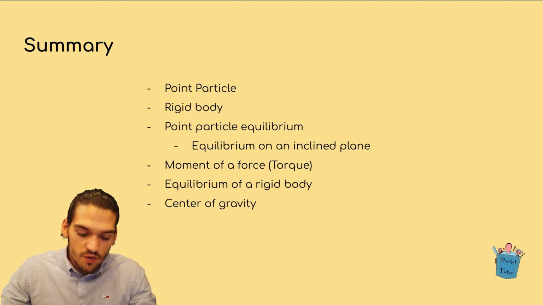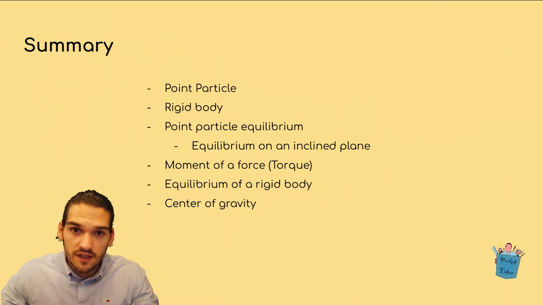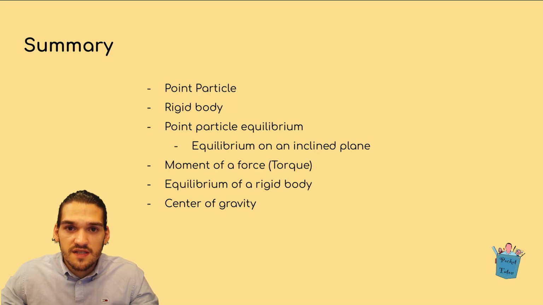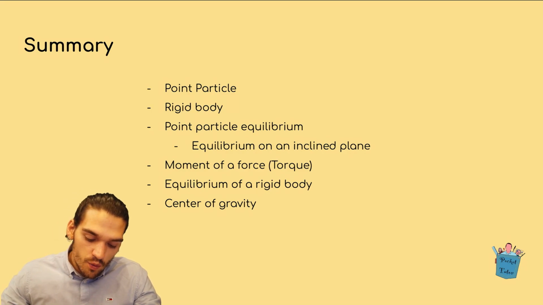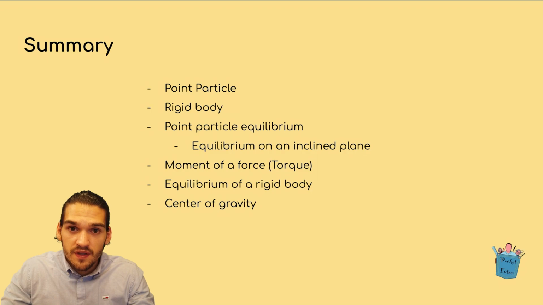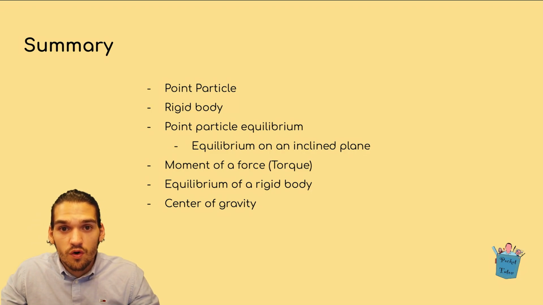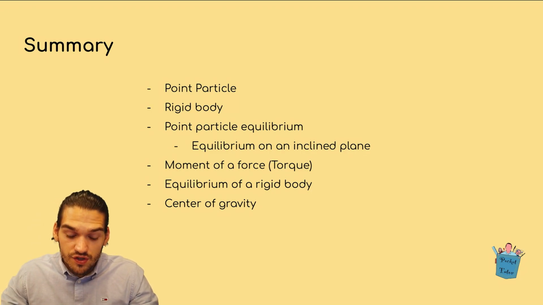So in summary, today we have seen the concept of a point particle, that is this dimensionless entity that we use to represent a body when the environment is much bigger than the body itself. We've seen what is a rigid body, that is something that cannot be deformed, can only translate or rotate.